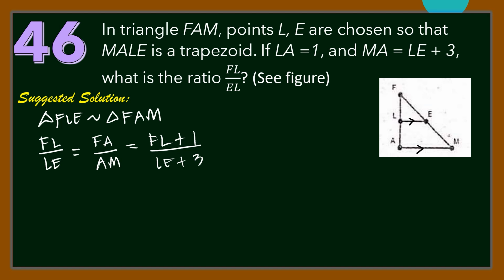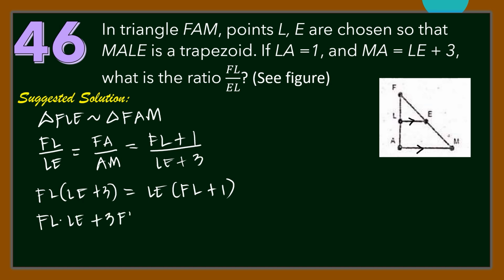Cross multiplying, we have FL times (LE plus 3) equals LE times (FL plus 1). And then applying distributive property, we have FL times LE plus 3FL equals FL times LE plus LE.